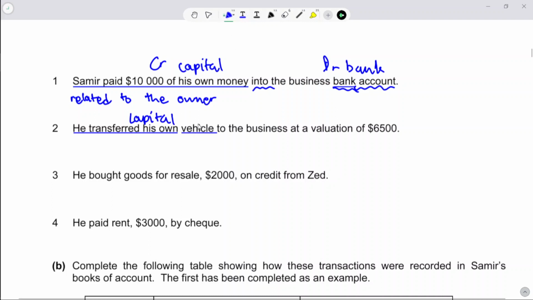This vehicle is an asset. So if you receive asset, you debit the asset, which is motor vehicle. Then the other one will be credit. Once debit, another one will be credit.